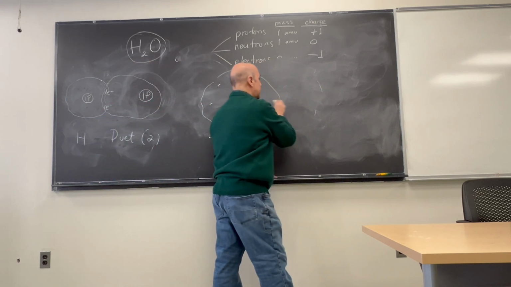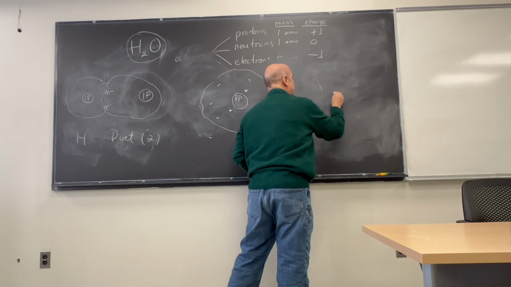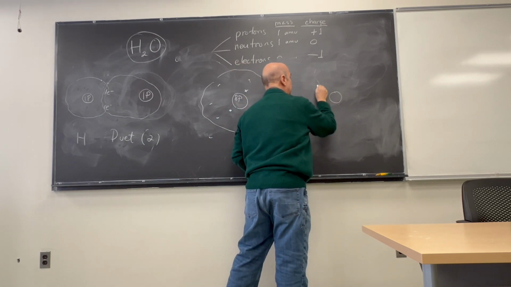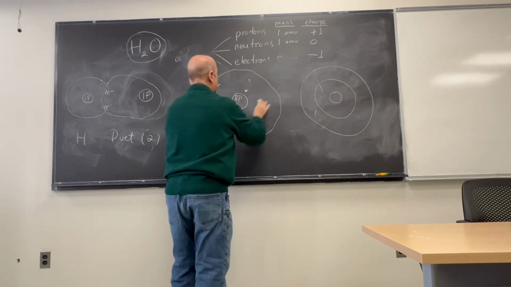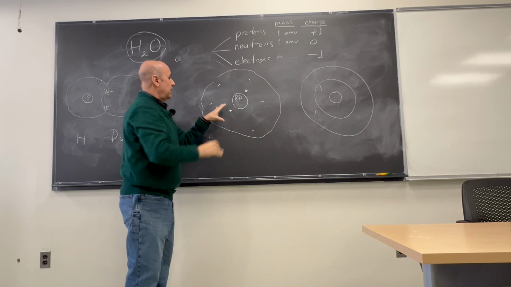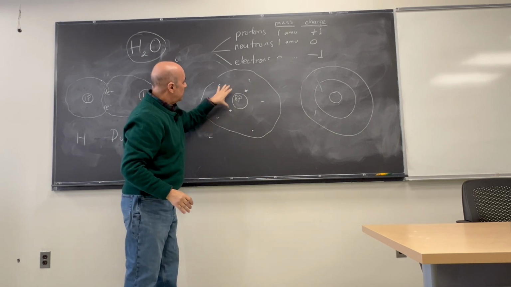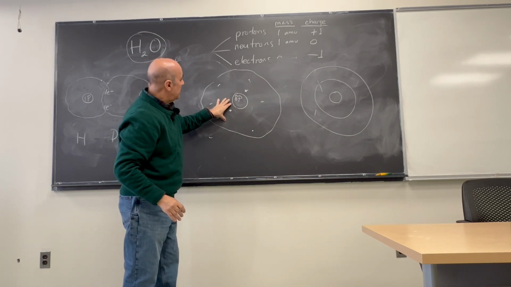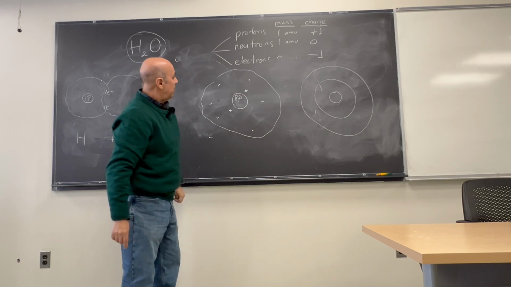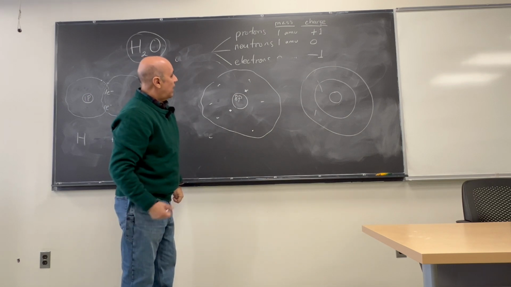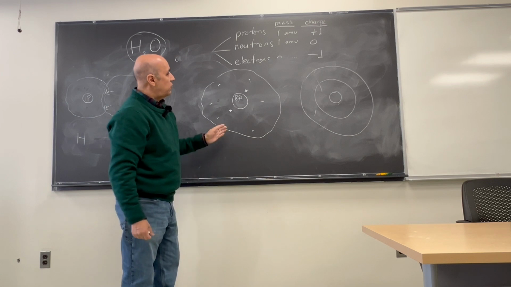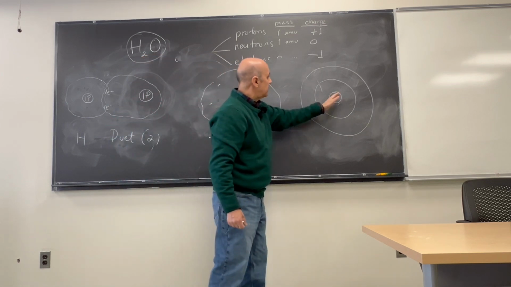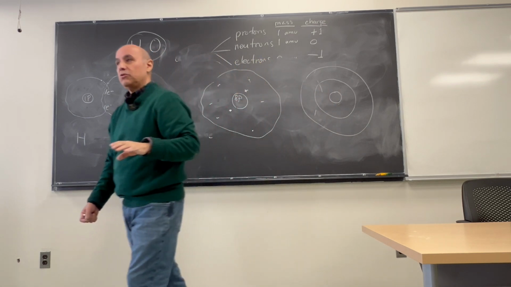I'm going to draw a cartoon a little bit differently. Here is a core. Here is one circle. Here is another circle. These 2 circles are still the same cloud that I put here. These 2 circles are still representing all of the electrons on oxygen. However, we now know that electrons actually like to be as close to the nucleus as possible with some limitations.